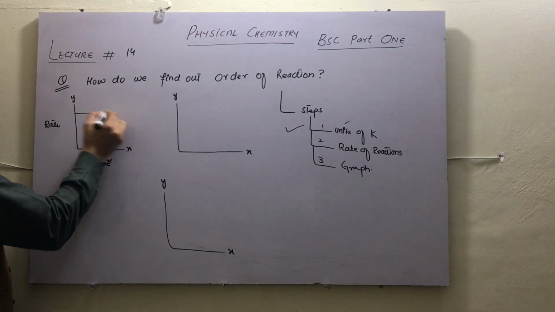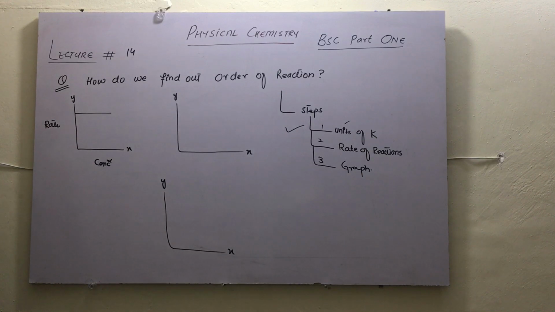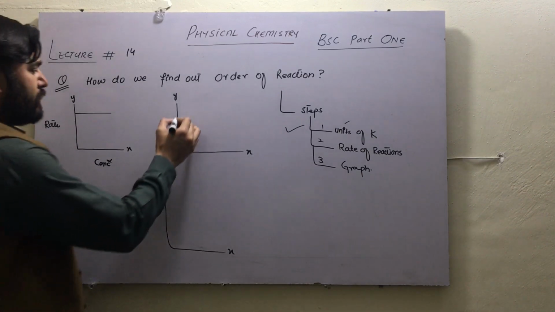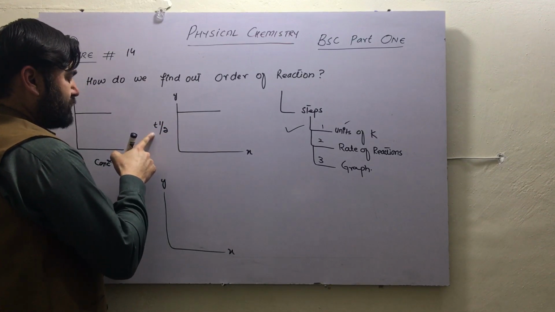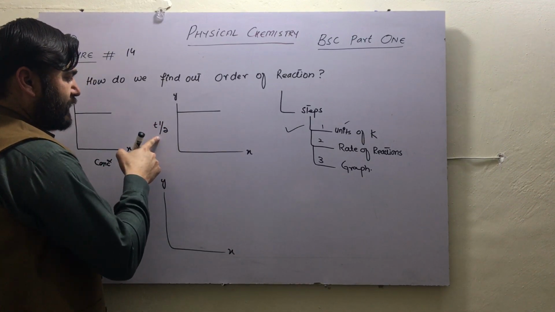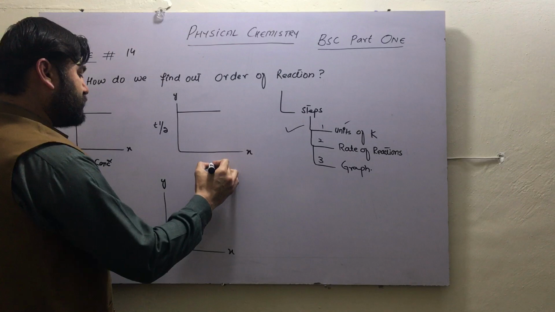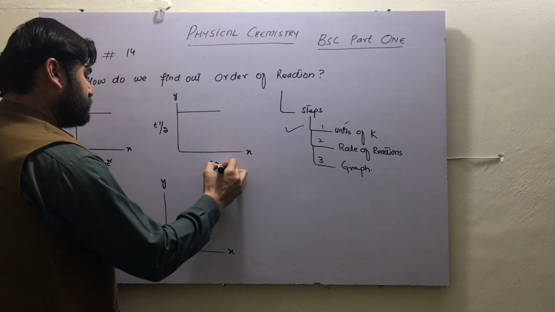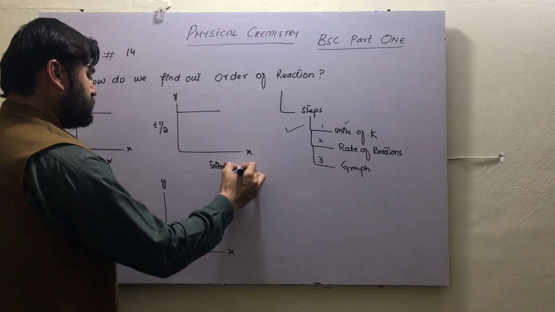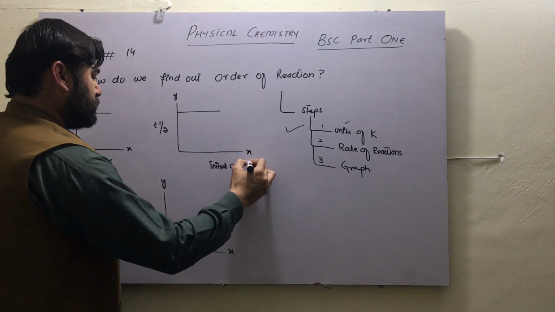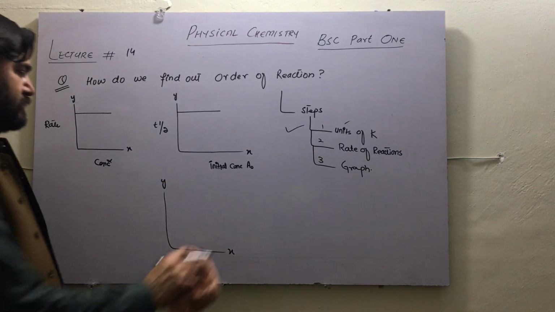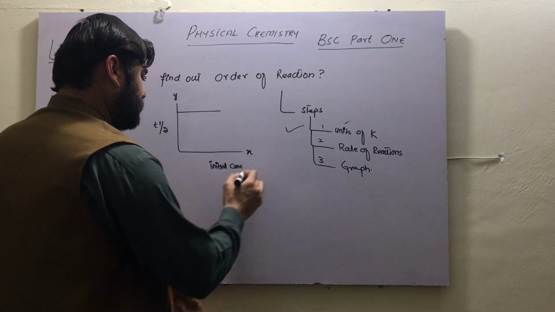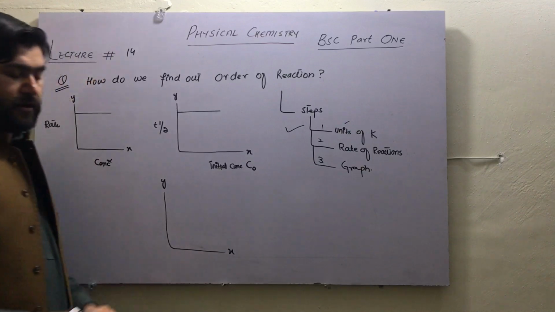So what will be the order of reaction from here? In the second one, concentration is on the y-axis and half-life is shown, with the initial concentration A0, which we can also call C0.